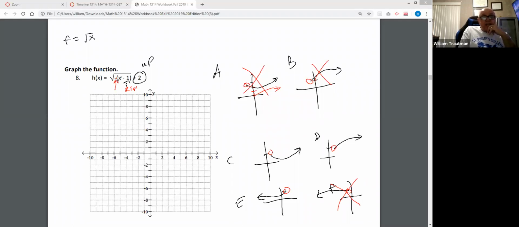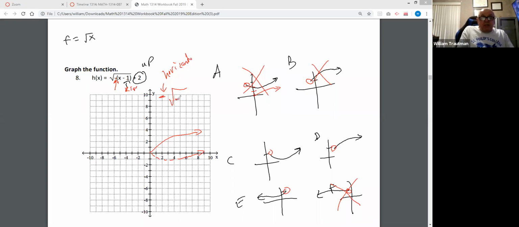We have a negative on the inside of the function. So if you remember, here's the original function. If we had a negative on the outside, then the graph would be like this. It flips on the horizontal axis.